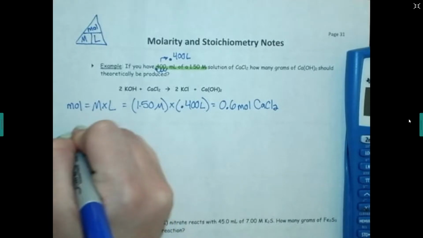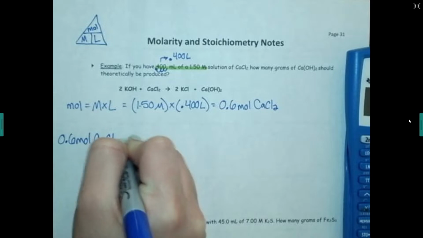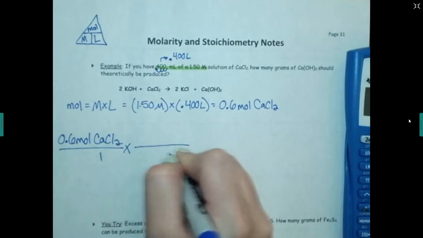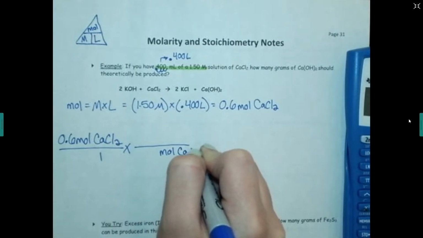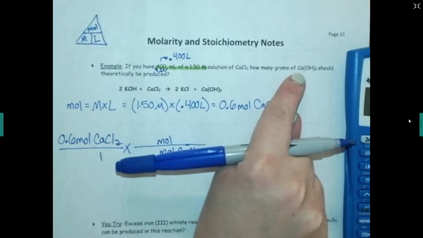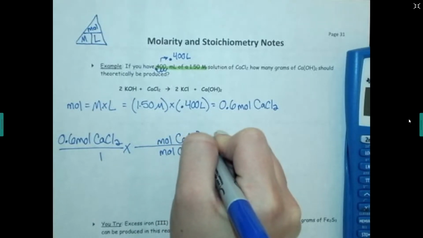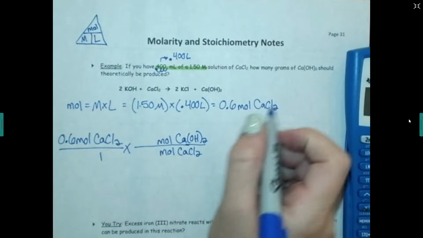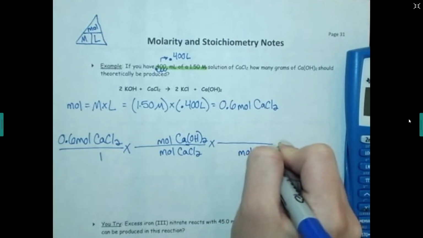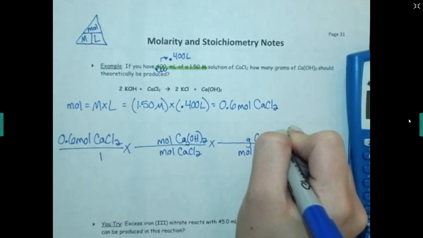Let's take our 0.6 moles of CaCl2 and put it over 1, because now we need to go from moles of CaCl2 to moles of our new substance, which it's asking us to find, Ca(OH)2, calcium hydroxide. But it asks for grams, so we have to do one more step to convert moles of calcium hydroxide to grams of calcium hydroxide.